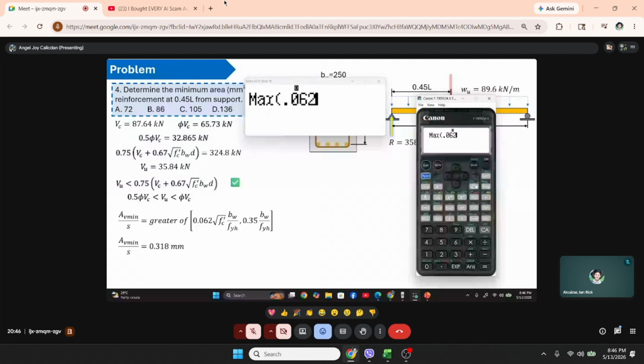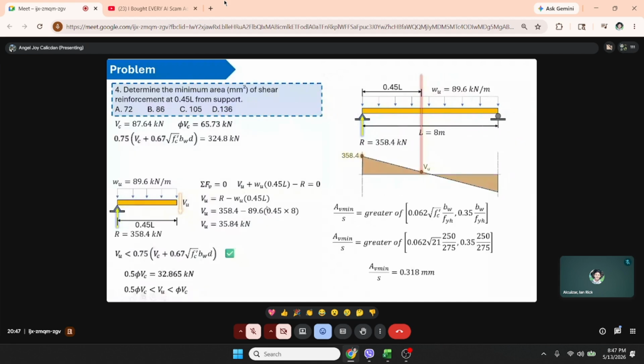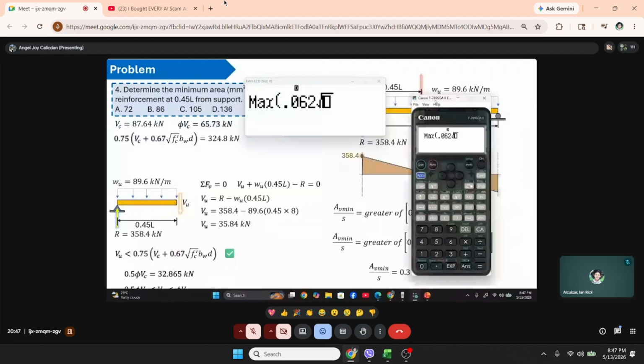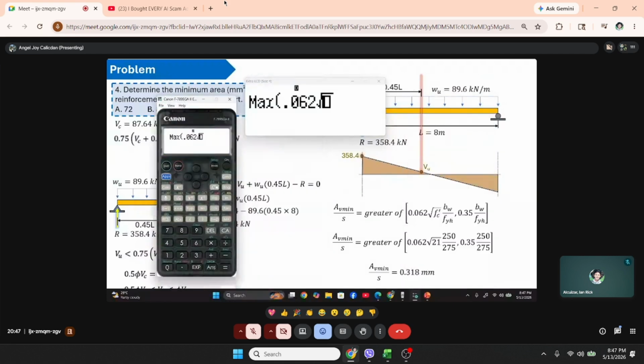square root of FC prime, FC prime is 21, times 250 over 250 over 275, comma, 0.35 times 250 over 275.